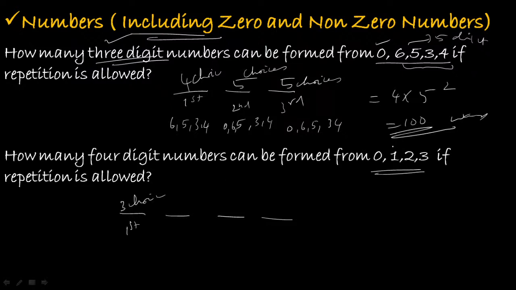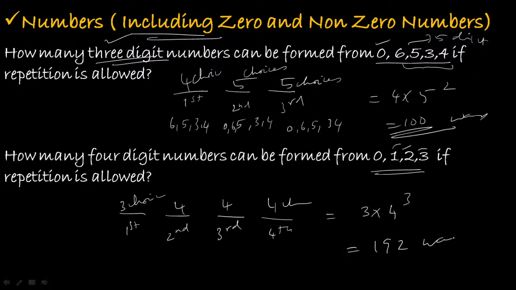Either you can take 1, 2 or 3. For the second digit you have 4 choices, since you can now take any of the digits including 0. The third digit and fourth digit also have 4 choices. So the total number of possible arrangements is 3 times 4 cubed, which is equal to 192 possible ways of arrangement.